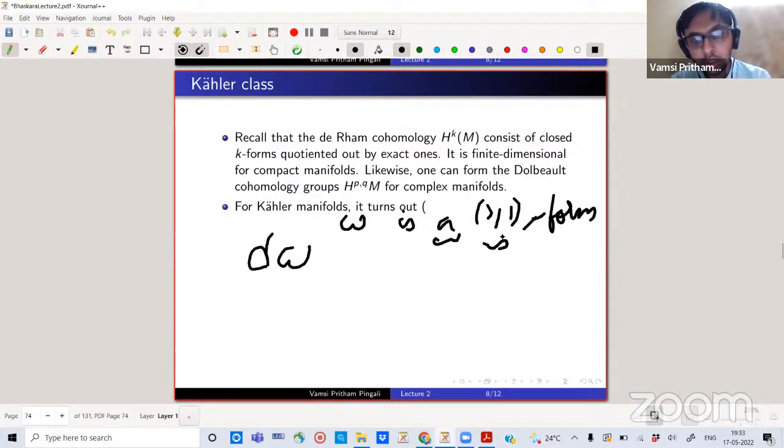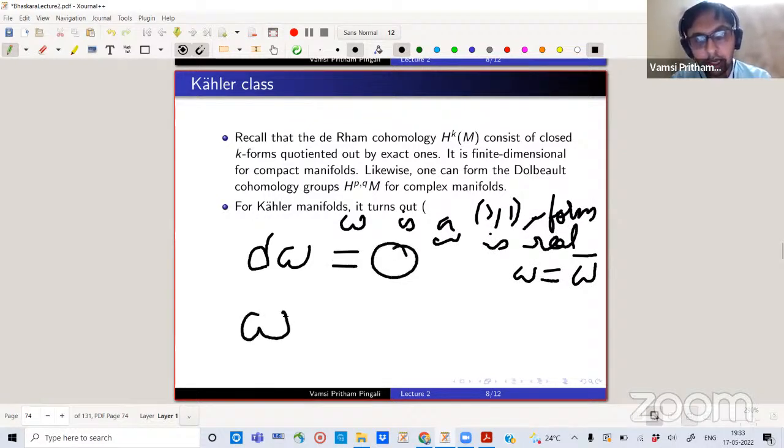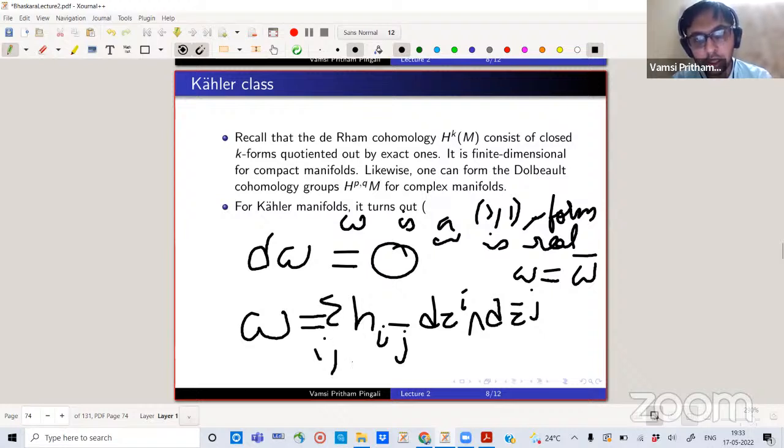Secondly, omega is real, that is omega equals omega bar. Thirdly, d omega is 0. And lastly, omega is h_{i j-bar} dz_i wedge dz_j-bar, summed over i and j, where h_{i j-bar} is a positive definite matrix. Okay, so that's a Kähler form.